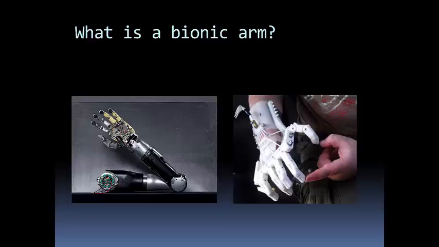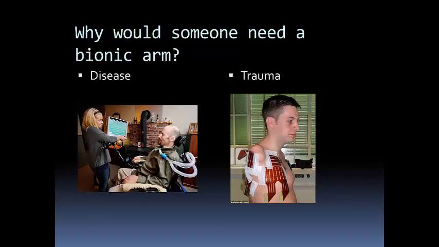Now, what are some reasons an individual would need a prosthetic limb? If an individual has a disease that affects their nervous system or volitional muscle control, such as amyotrophic lateral sclerosis or multiple sclerosis, then they are unable to properly control their limbs.